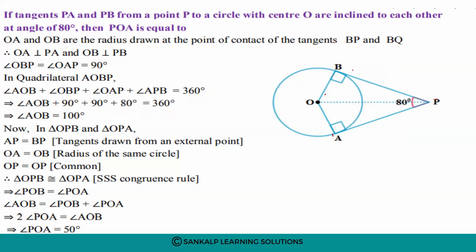Therefore, OA is perpendicular to PA. See, OA is a radius and this radius is perpendicular to PA, right?